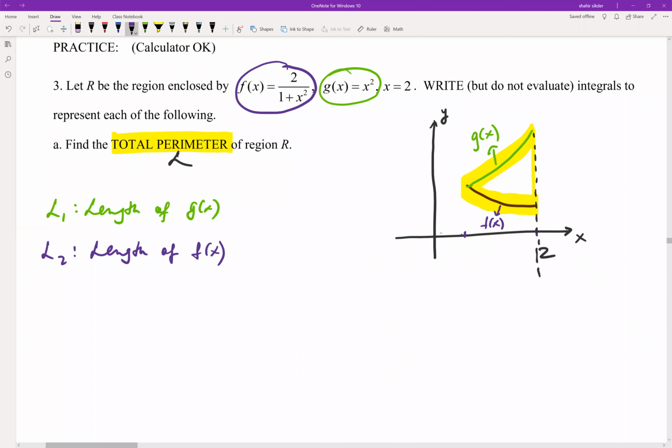So anything in green, we're calling L1. This guy right here, if I find the whole thing, I'm going to call L2. And I'm using black here. So L3, what is L3? I'm going to call it the vertical distance from here to here, because that's literally that vertical distance.